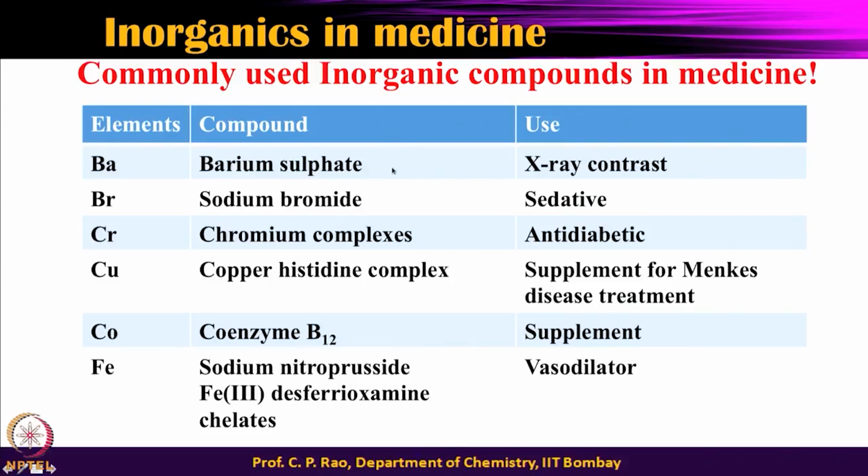Let us look at this particular slide also. Barium, you know barium in the form of barium sulphate. Where do you know barium sulphate? People who are having some kind of intestinal ulcer, in the hospitals the doctor will recommend you to get the X-ray contrast picture.